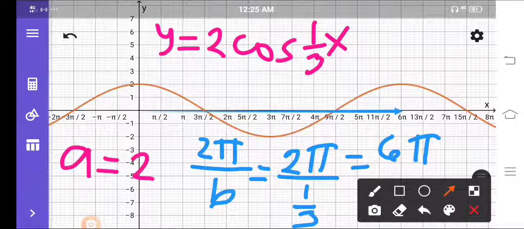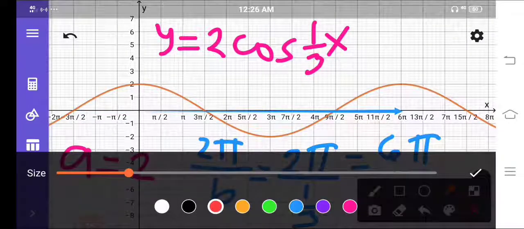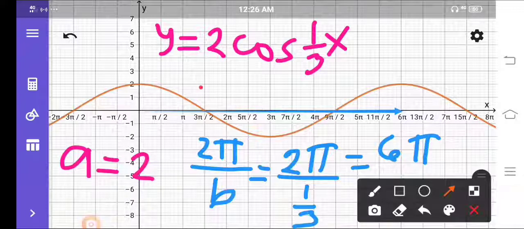So what will be our key points? If we're going to divide 6 pi by 4, we get 3 pi over 2, 3 pi, 9 pi over 2, and of course 6 pi.